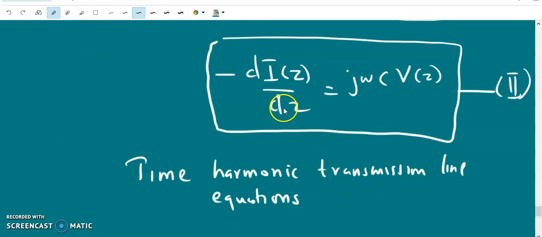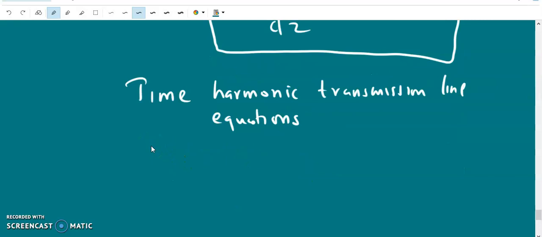They relate the phasors I of z and V of z. So minus dV by dz is equal to j omega L I and minus dI by dz is equal to j omega C V. You can see that these two equations are coupled, and we can decouple them using equation number 1.